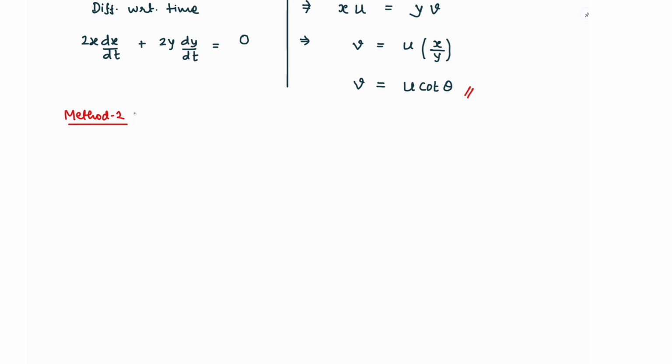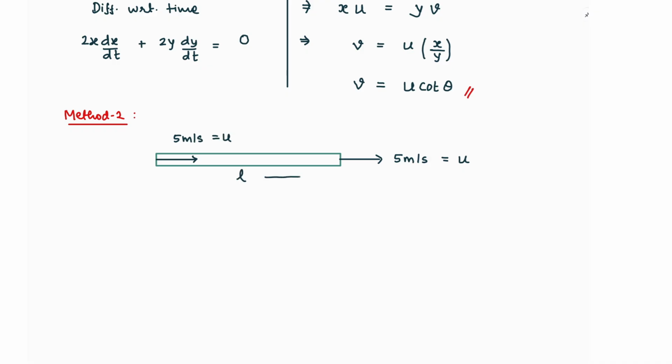For method 2, let me give you a logic before we start. If I consider a rod kept in a vertical plane like this, and the front end of the rod has, say, velocity 5 meter per second in the x direction, which is equal to u, then the rear end of the rod must also be moving with a speed of 5 meter per second, that is equal to u, because the length of the rod is constant.